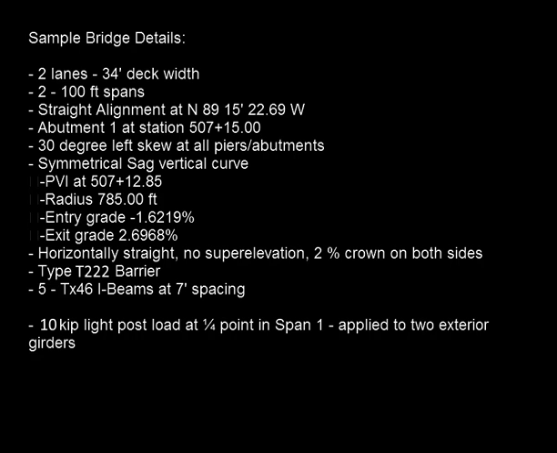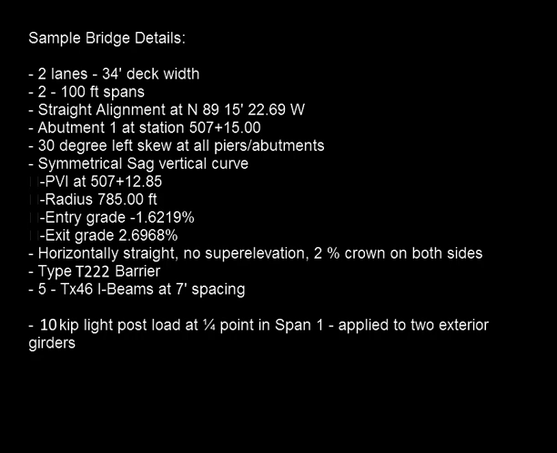A straight horizontal roadway alignment with a 2% crown elevation on both sides. There's a sag vertical curve with a point of intersection near the beginning of the bridge. All piers and abutments are oriented at a 30-degree left skew, and there are 5 TX46 I-Girders at 7-foot spacing.